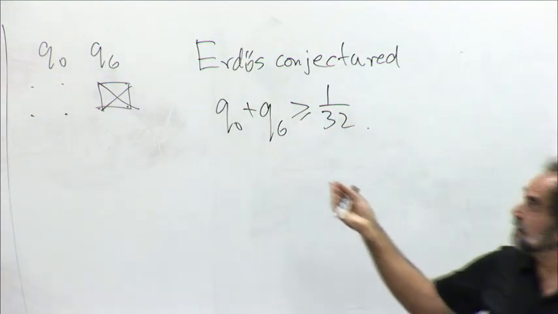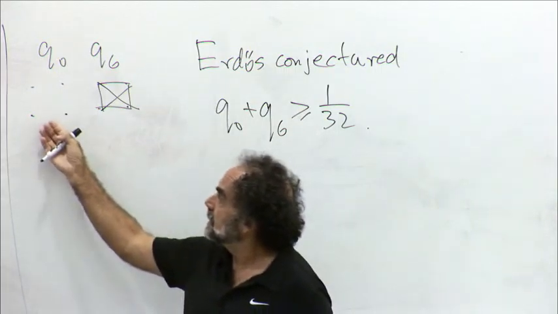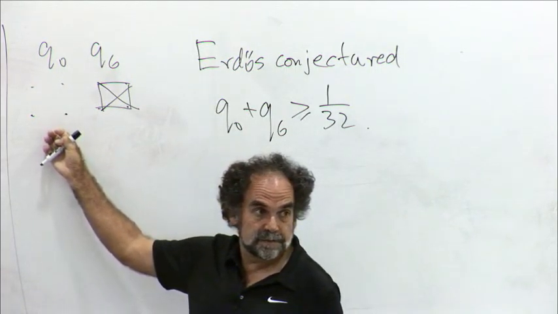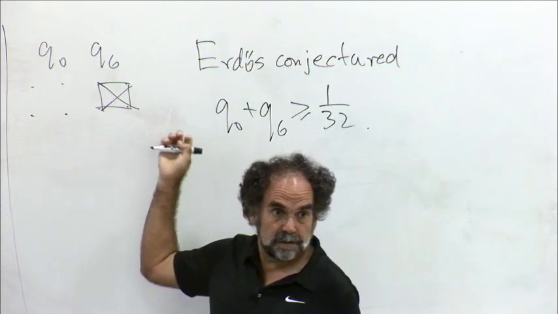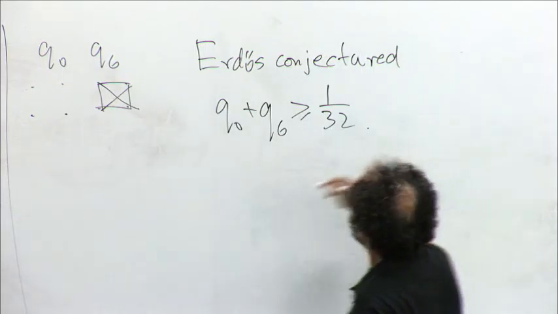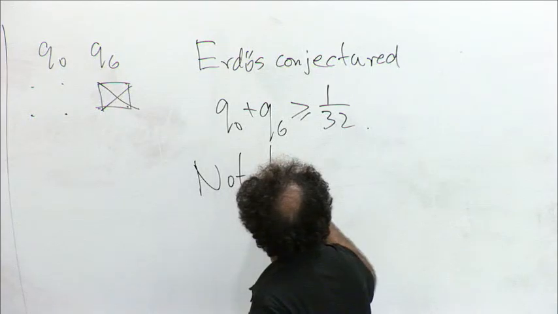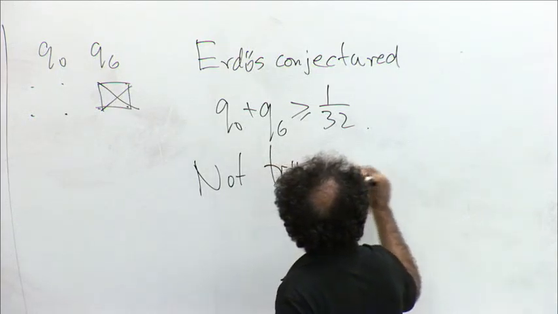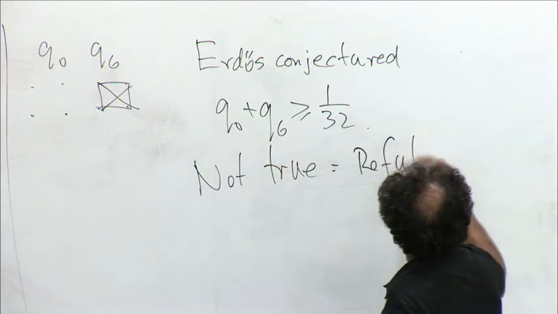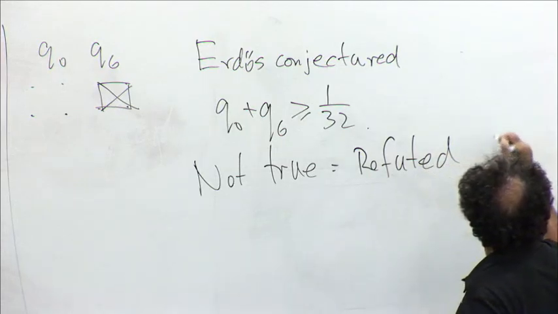Let's just go over the calculation. In G(n,1/2), the probability of this is 1 in 64, 1 in 64. This is not true. It was refuted by Andrew Thomason.